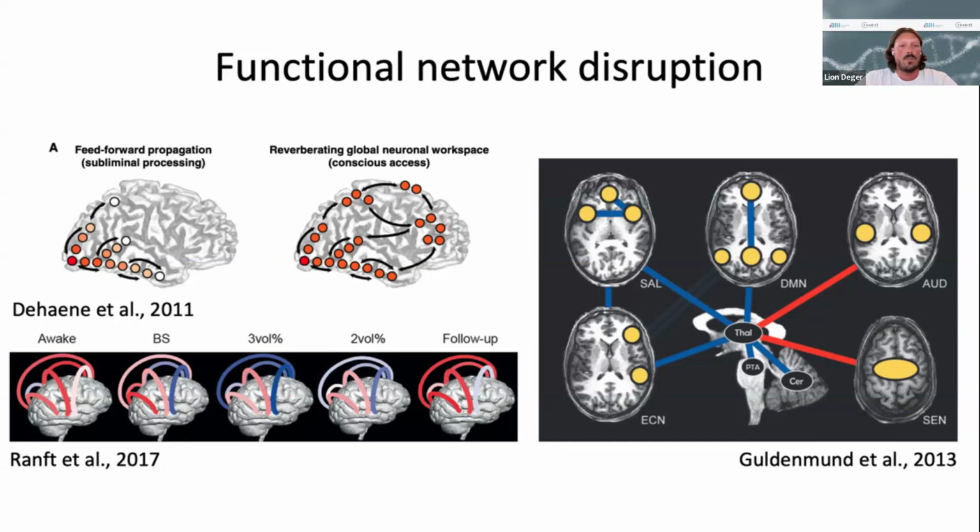Also interestingly, this frontoparietal breakdown is a very widely reproduced finding in the whole field, also seen across different anesthetics like propofol, sevoflurane, and ketamine, that have different molecular mechanisms on how this state of anesthesia is reached.